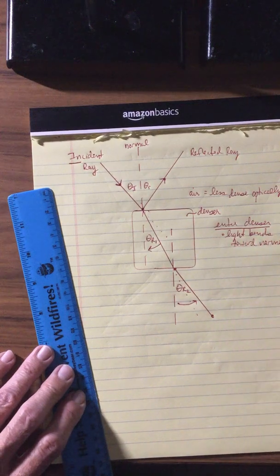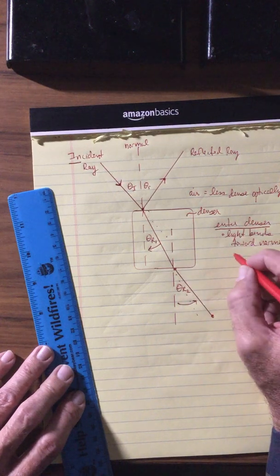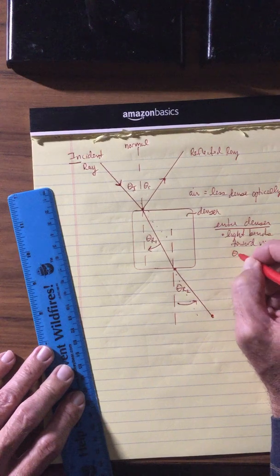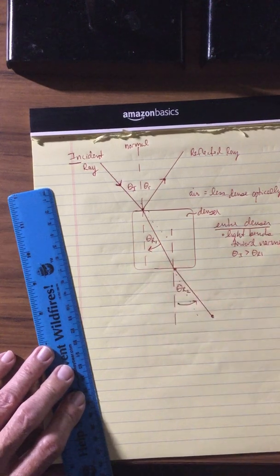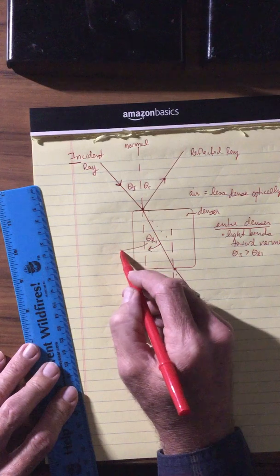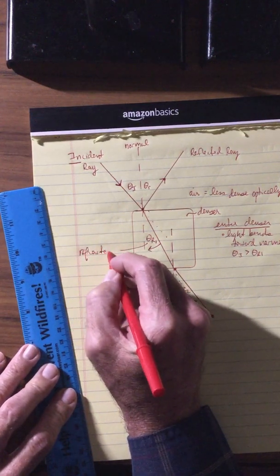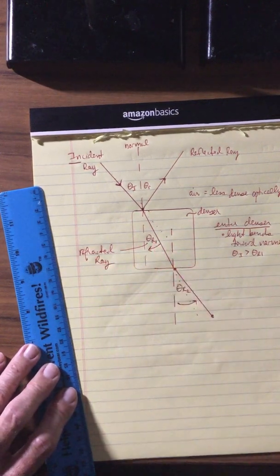What this will mean as well is your angle of incidence, which is right here, is going to be greater than the angle of refraction, the first angle of refraction. So right here, this is going to be your refracted ray. And we use a capital R for that.